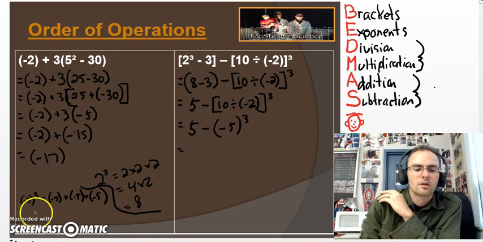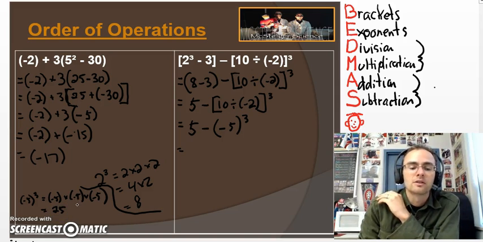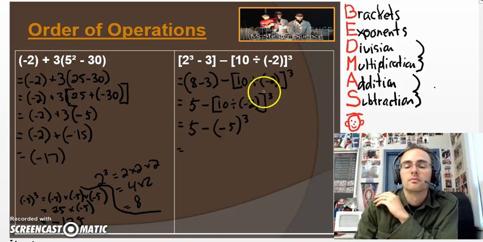If we were to do that, negative 5 times negative 5 actually equals positive 25 because you're multiplying the same sign, so it becomes positive. Times another negative 5, and that will give you a total of negative 125. Negative times a positive equals a negative.